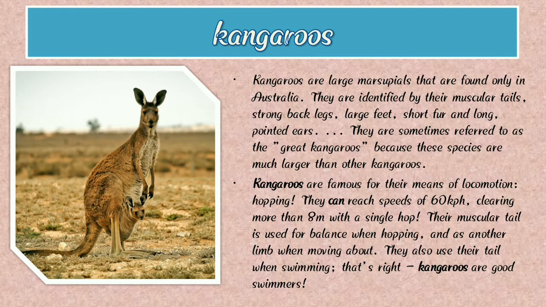They also use their tail when swimming. That's right, kangaroos are good swimmers, and mostly kangaroos are found in Australia.